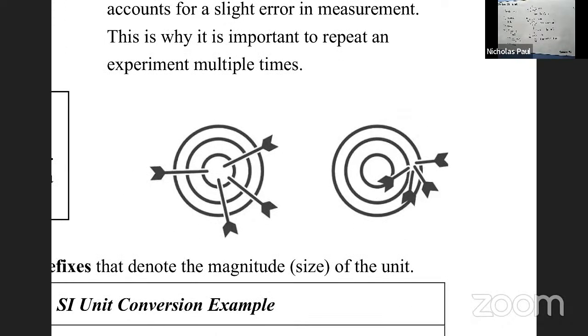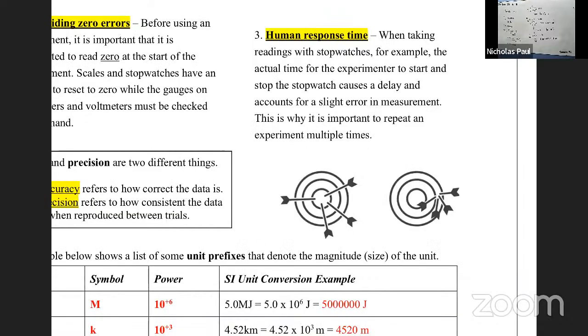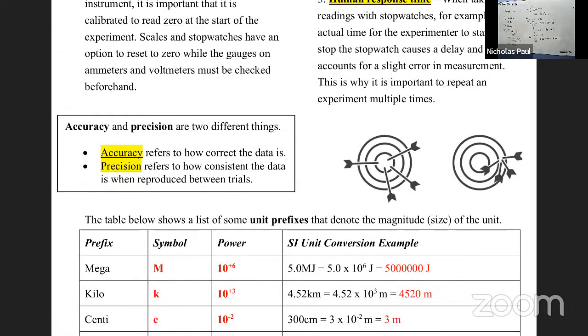So which diagram there is precise, first or second? And which is accurate? Okay, nice. So we said that accuracy had to do with the correct value, and precision has to do with doing the right thing consistently, so it has to do with consistency.